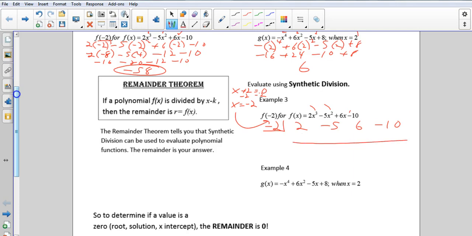Draw our line, bring our 2 down, multiply by -2, which gives us -4. Add those together, you get -9. Multiply by -2 and you get +18, which is 24. 18 plus 6. Multiply by -2 and you get -48, which you add together and get -58. Does that sound familiar?